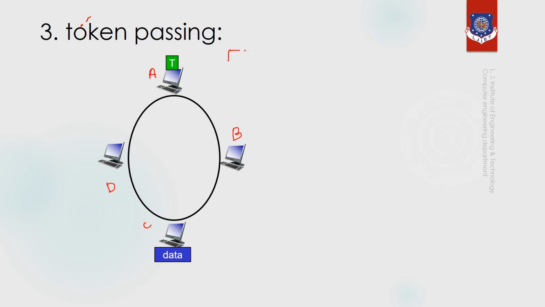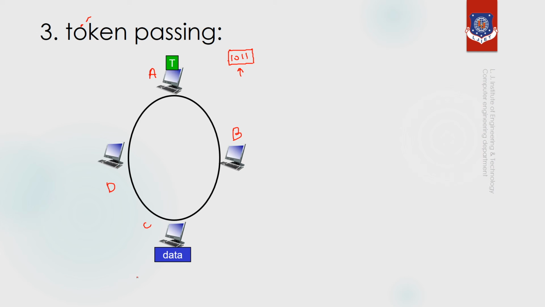So it can be any pattern. Suppose the pattern for the token is 1011. So when any device receives such a pattern, they will understand that they have received a token. If a station has a frame queued for transmission, when it receives the token, it can send the frame before it passes the token to the next station.